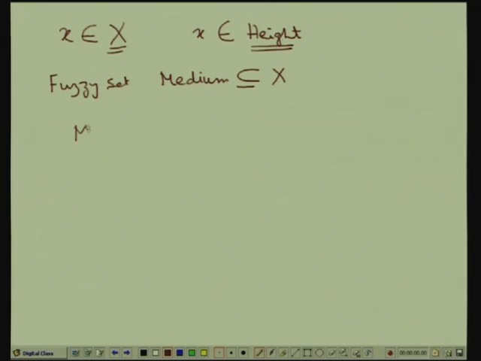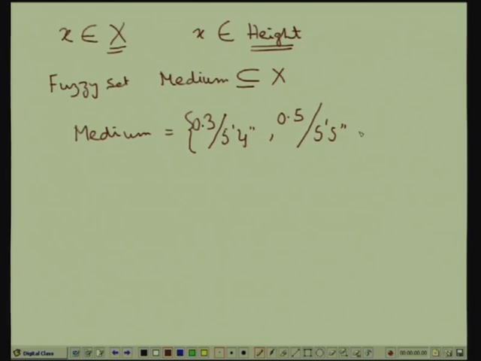Now, when I define medium, say I can say that 5 feet 4 inches has a belonging of 0.3 in this set. 5 feet 5 inches has a belonging of 0.5. 5 feet 6 inches has a belonging of 0.8.